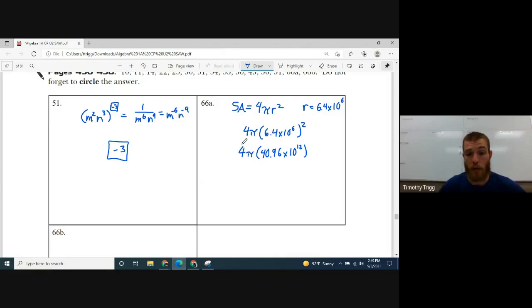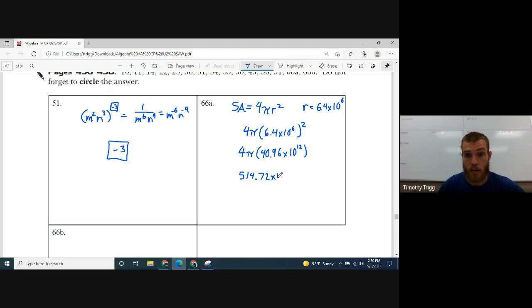Remember, power to a power, we multiply those powers. So now we can multiply 4 times pi times 40.96. And let's see. So that gave us roughly 514 point, and let's just go 2 decimal places. So we'll say 72, round to the nearest hundredth here.